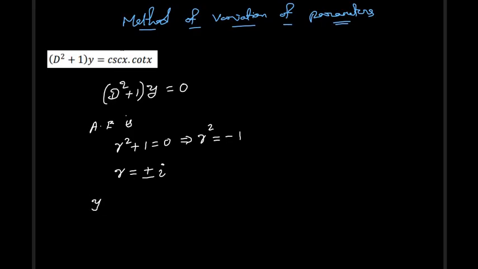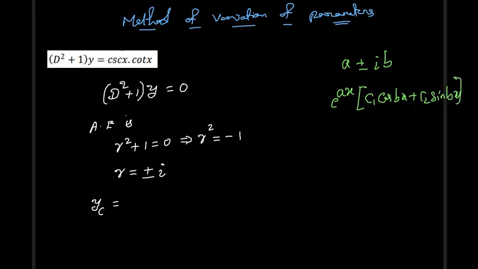When you get complex roots, what is the complementary function? Suppose the roots are a plus or minus ib, then this is how we write the solution: e power ax into (c1 cos bx plus c2 sin bx).